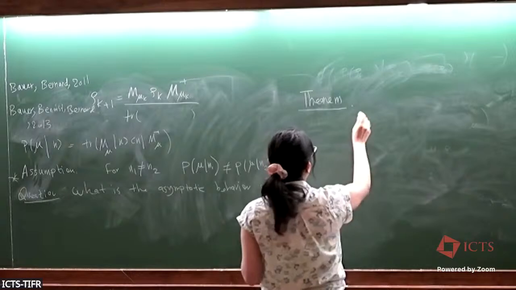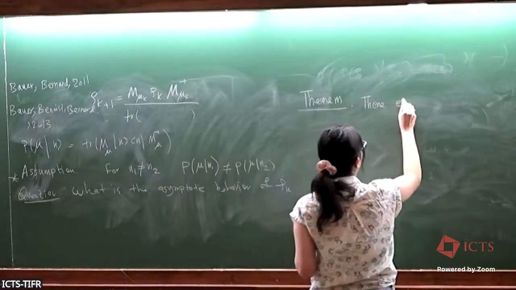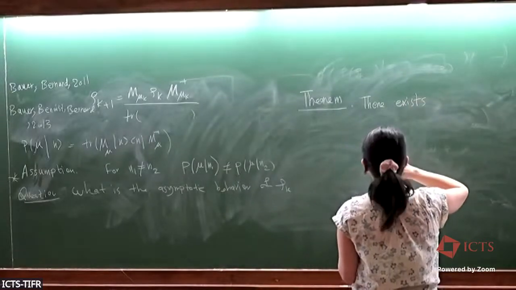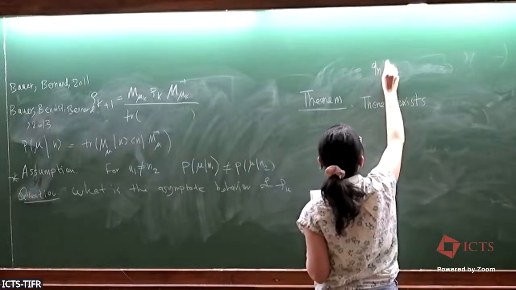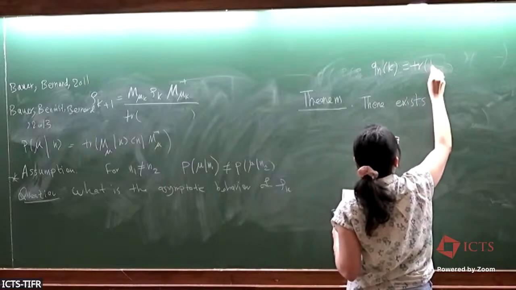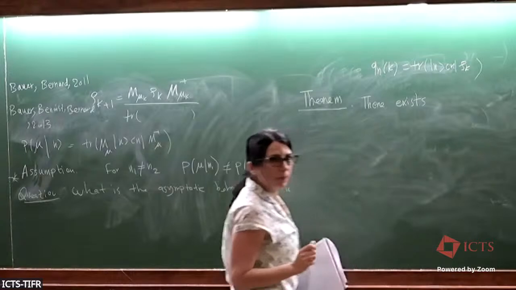In fact, they show that there exists, first I will introduce some notation. You have Q n k, the population, which is the trace of Nn rho k.